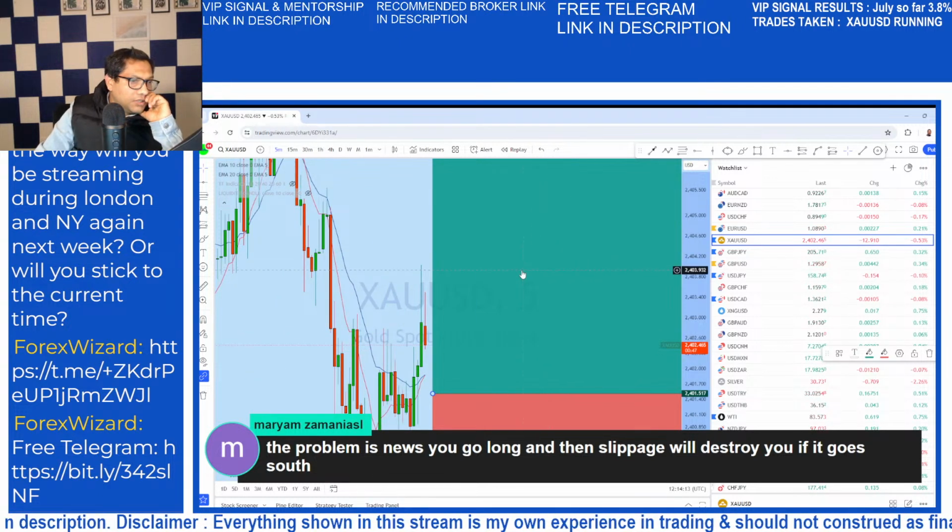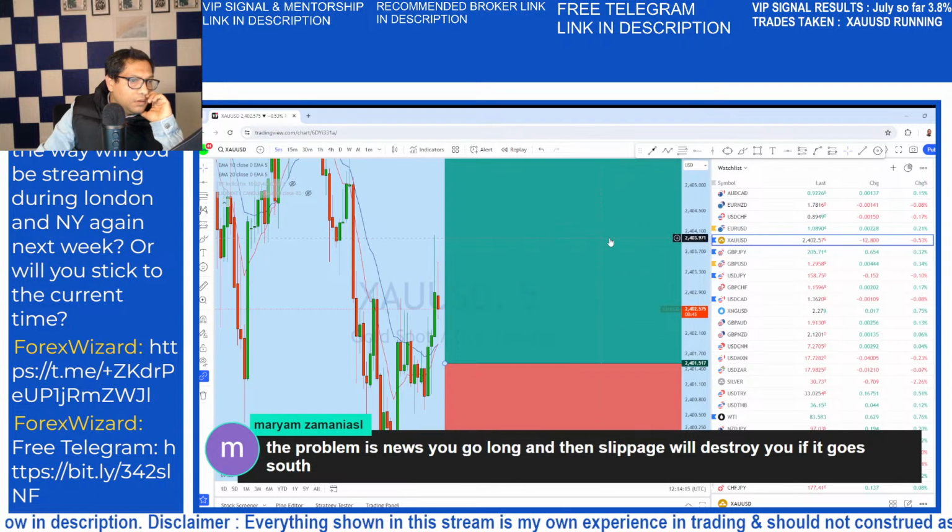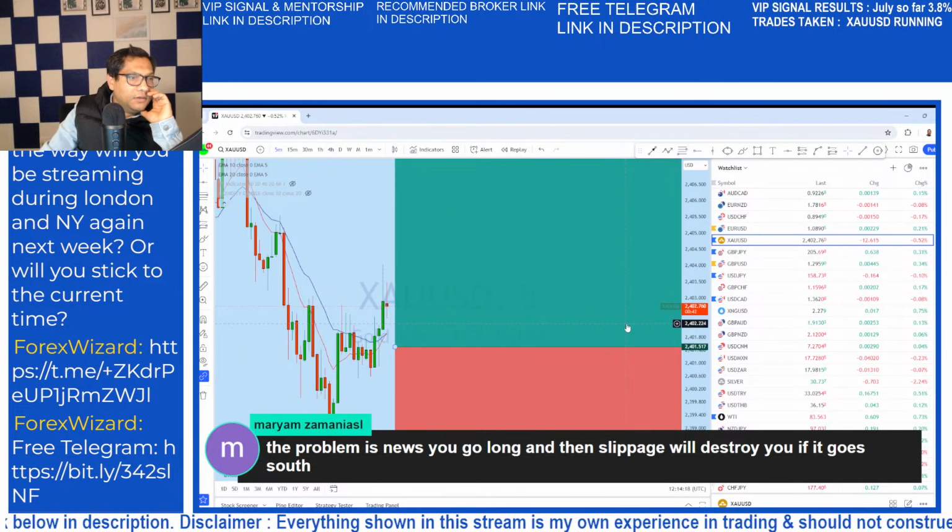Here is the last moment it is trying to break below, which is not expected here.